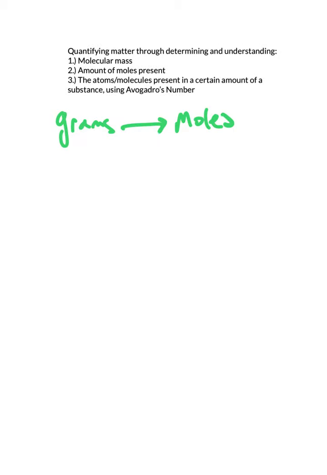To figure out how to do all these grams to moles calculations, the first thing that we have to cover is how to determine the molecular mass of a compound, given the formula for the compound. We can use CHCl3 as an example. So we're given the formula, so we need to use the formula to determine the molecular mass. You might be asking, though, what is the definition of the molecular mass?